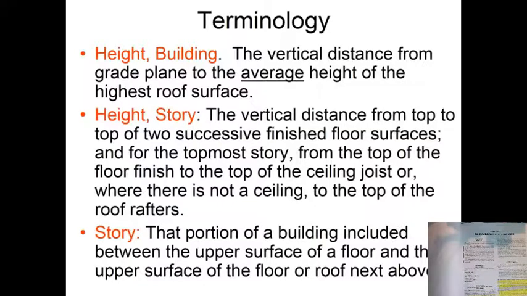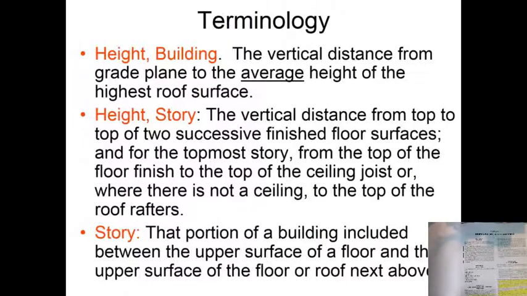Height of the building. Remember, that's the vertical distance from the grade plane to the average height of the highest roof surface. We've gone over that. If the roof slopes, we're doing the average. So back to our building here, if it has a sloped roof, we're going to the average of this, not the highest point, but the average.